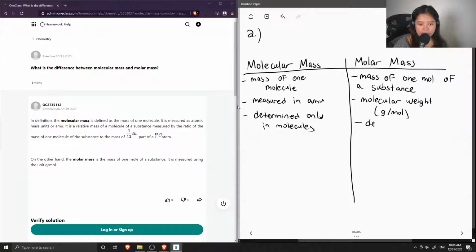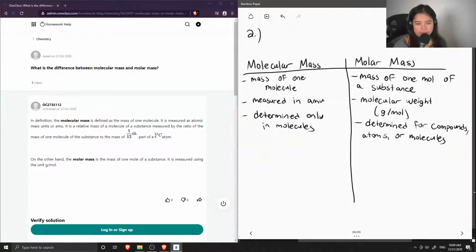And typically it is determined for different compounds and also atoms and molecules. Okay, so they're pretty similar, but they only have some minor differences.